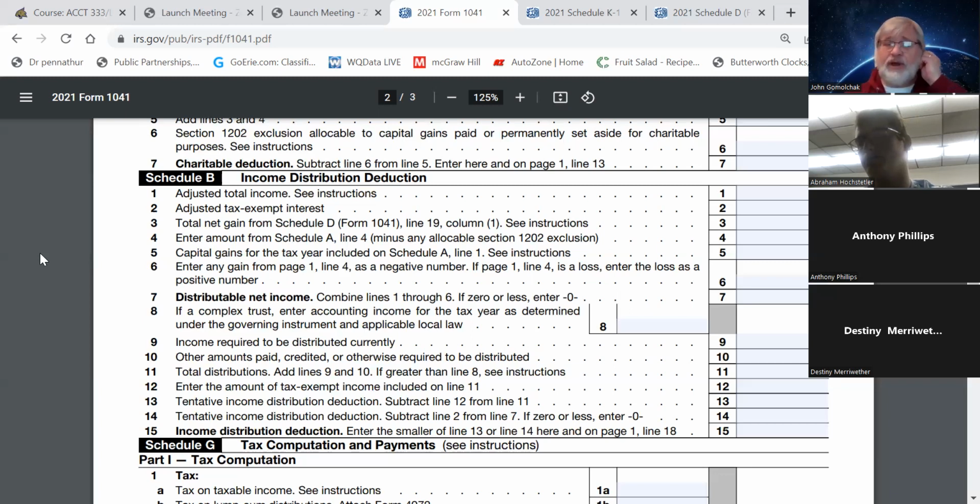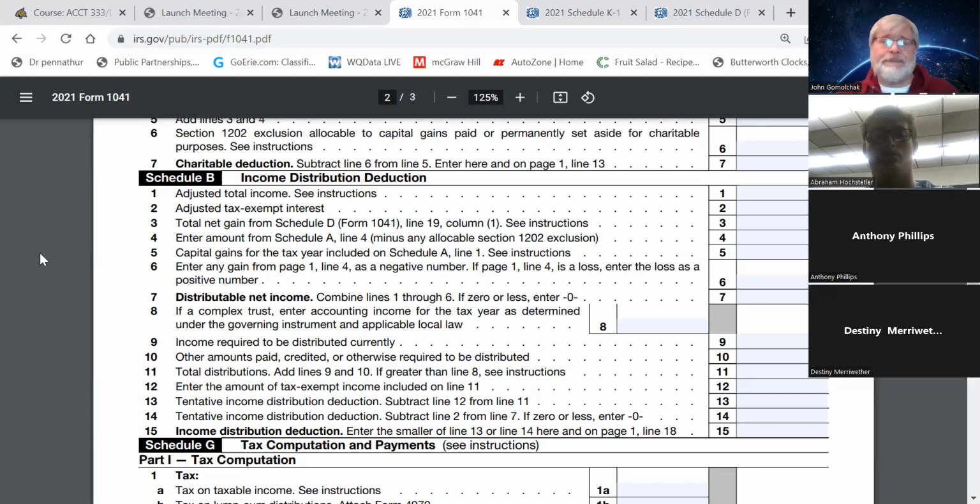Okay. So conversely, if we had a capital loss on page 1, now we're going to be using the interesting thing is that the fiduciary income tax return, form 1041, uses mostly the individual tax rules.